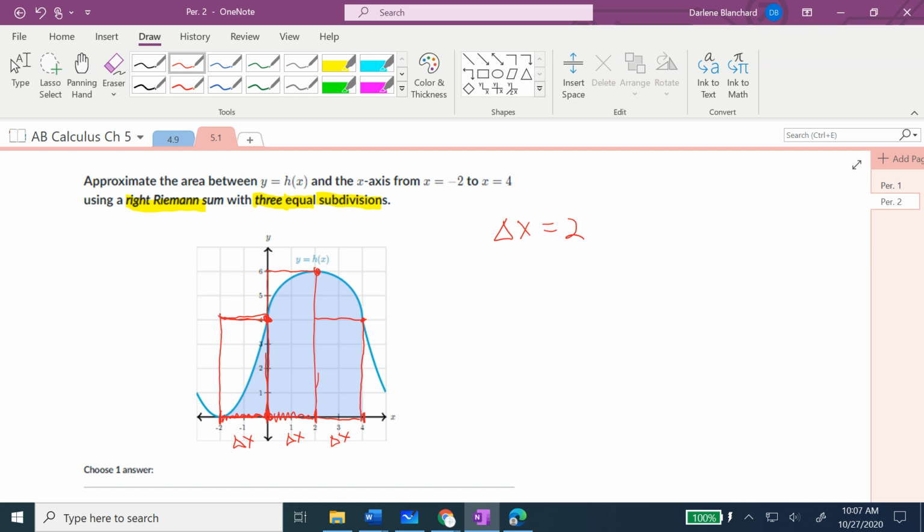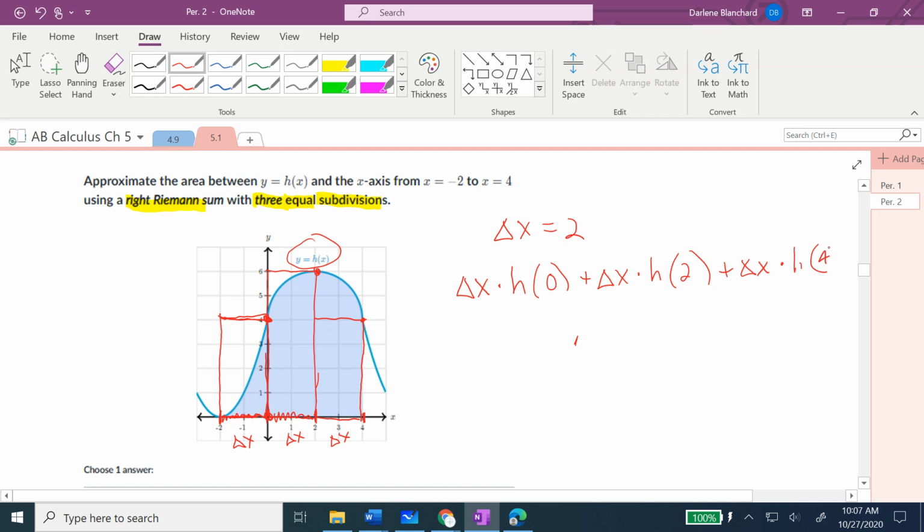So what I would recommend you write if this was a free response problem is you are taking that delta x. Got to wake my pen back up. There we go. You are taking that delta x and you are multiplying it to h of 0. And again, the function is h of x. Plus that same width times h of 2 plus that same width times h of 4.